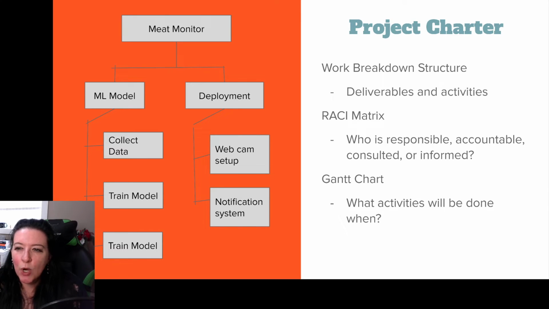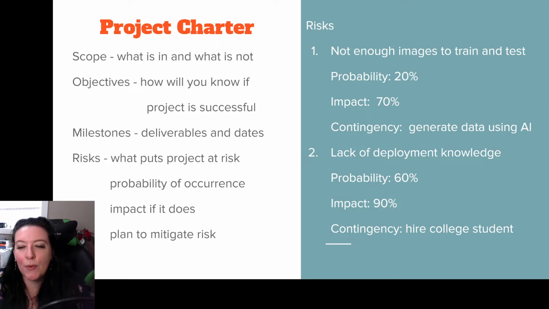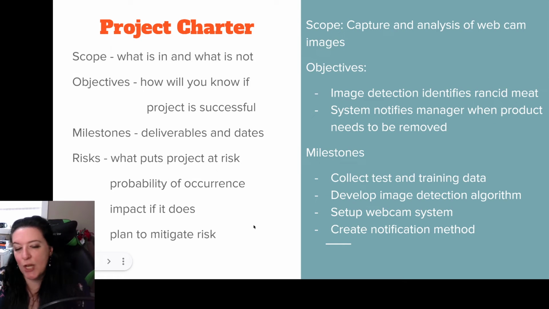So notice that this work breakdown structure does not include the objectives, how we will know the project is successful, but it all should tie to the objectives. So our objectives, how we will know our project is successful, is that if we had an image detection system that identifies rancid meat.